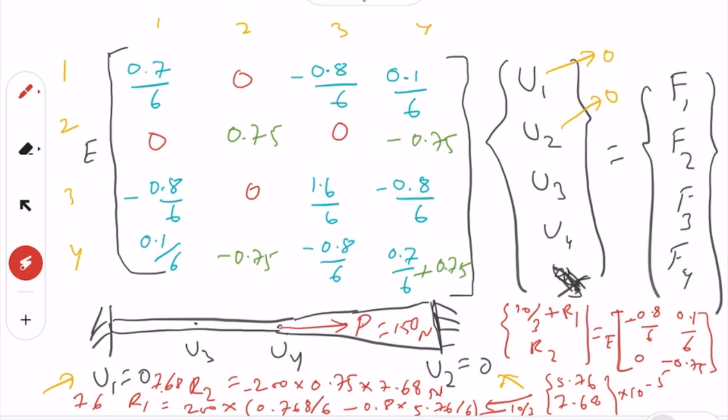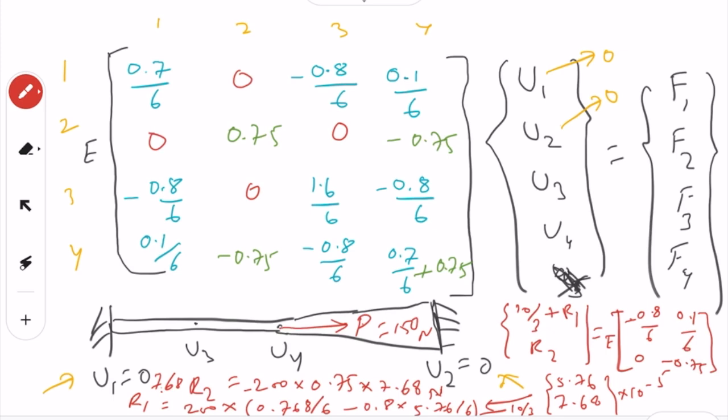Not that, because we also have this multiplied here, and all the errors are in this one only, so we cannot write like that. Somewhere here we should have 7.68.